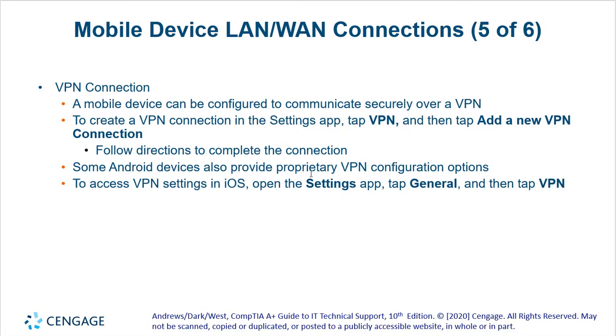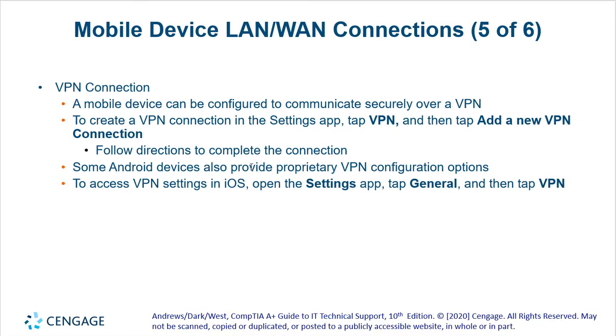You can have a proprietary VPN to configure things too. In iOS, you're just going to go to the settings tab and go to VPN. So either way, whether it's Android or iOS, you're going to go to settings and hit VPN and add a VPN connection.